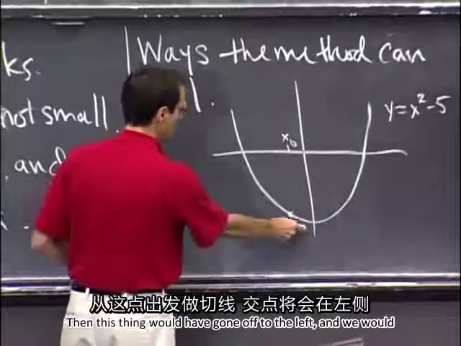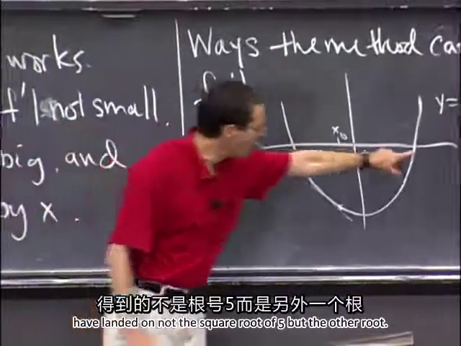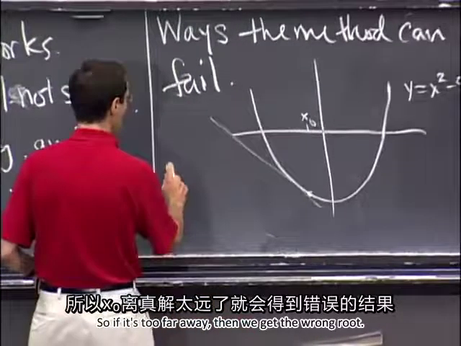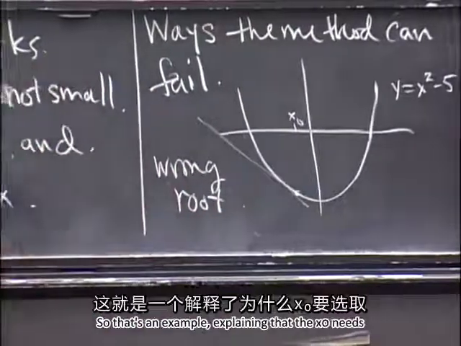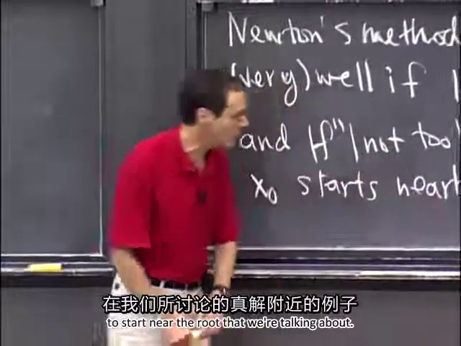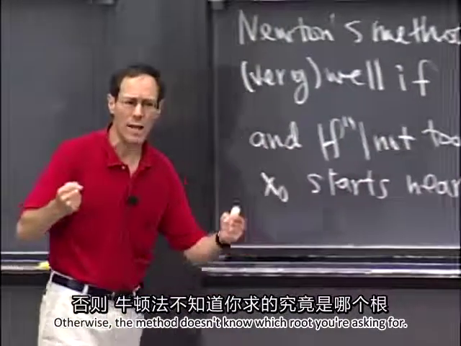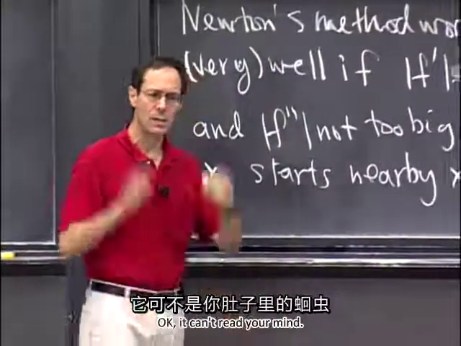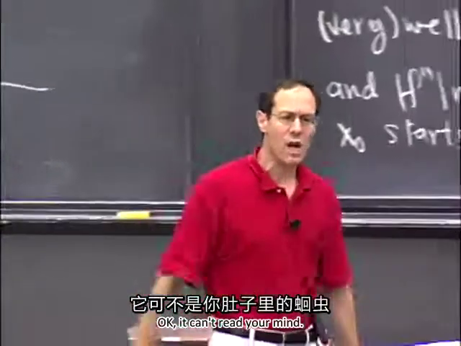Then this would have gone off to the left, and we would have landed not on the square root of 5, but on the other root. So if it's too far away, then we get the wrong root. That's an example explaining that x0 needs to start near the root that we're talking about. Otherwise, the method doesn't know which root you're asking for. It only knows where you started. So it may go off to the wrong place. It can't read your mind.